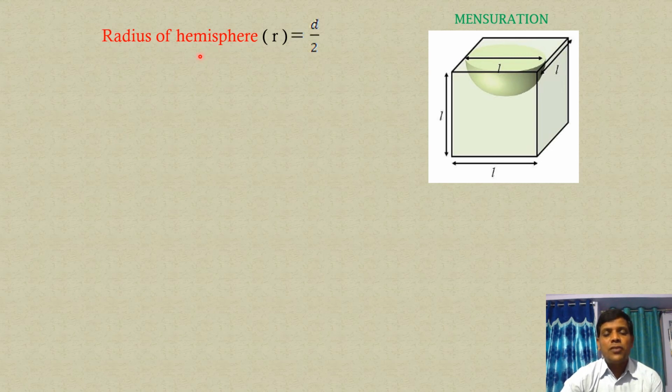Here D is equal to L, so the radius R is equal to L by 2.